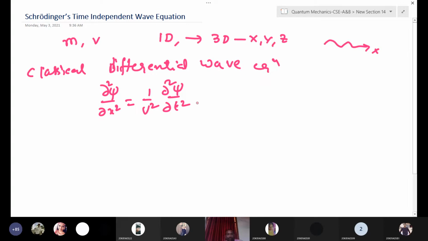So time independent means the wave function will not depend on time.